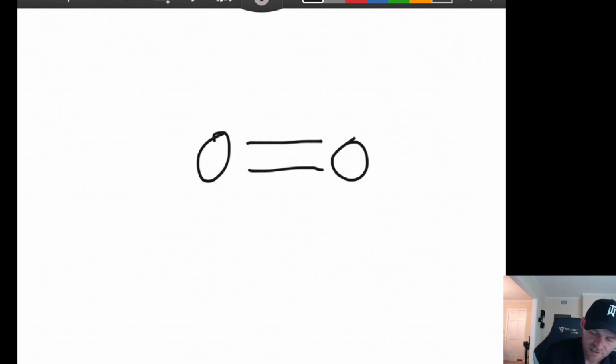What will end up happening is those 2 will be shared in what we call a double bond. So it's actually 4 electrons tied up in this, 2 in that line, and 2 in this bond. Okay, so there's 4 electrons tied up in this double bond. And I also have to put my valence electrons around the outer shell.